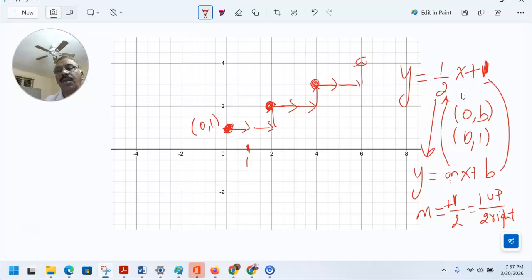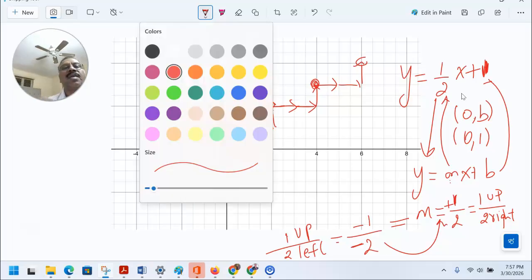Or you could do the same thing. Instead, I could write negative 1 over negative 2, because that is the same thing. Then we go 2 left, because there's a minus sign, and 1 down because of the negative 1. I'm using a different color here.